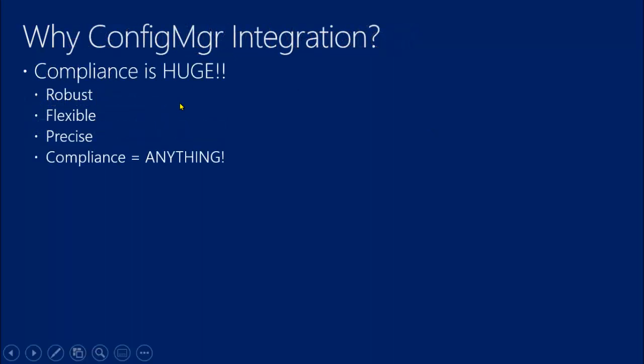So why do you care about this? Well, compliance is huge. We've had that as a central theme as we've worked through this series, right? In the world where we're combining Configuration Manager and Intune to do this compliance assessment, we get some really cool things. Robust assessment, being able to combine the power of Config Manager and all of the configurations that are possible in Config Manager that can be included in compliance.